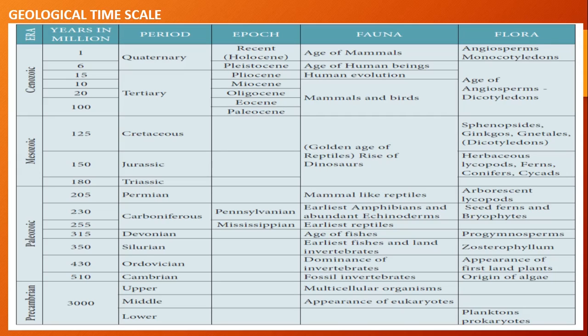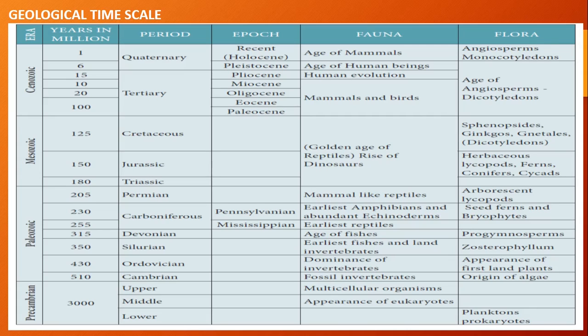It is majorly divisible into eras. There are 4 eras present: Precambrian, Paleozoic, Mesozoic and Cenozoic era. These eras consist of periods and epochs. The period is nothing but sub-classifications based on the millions of years.